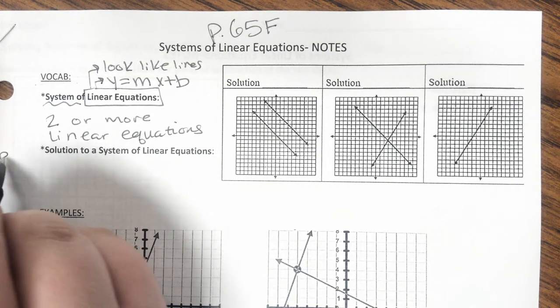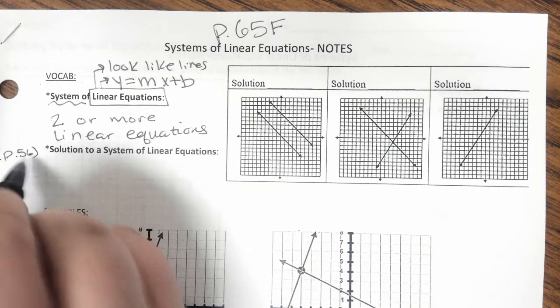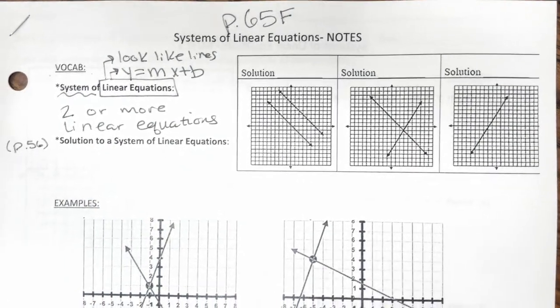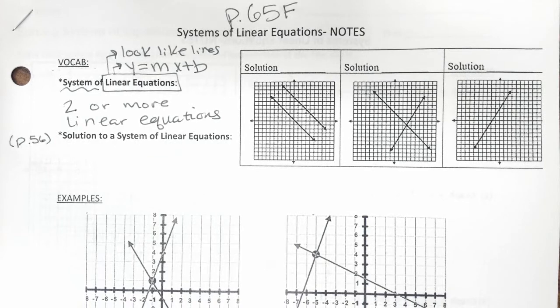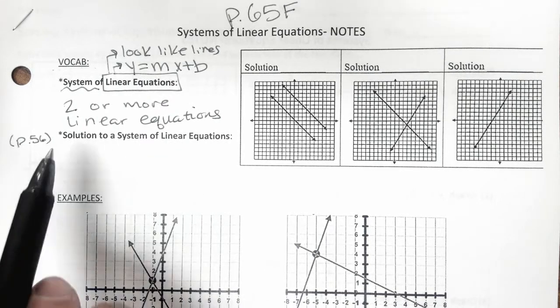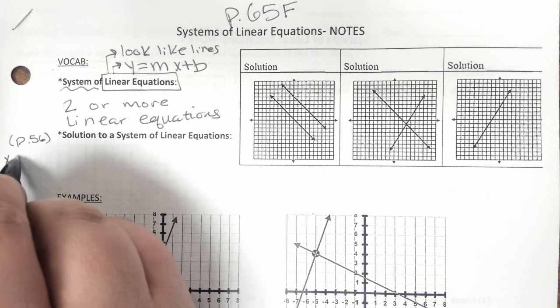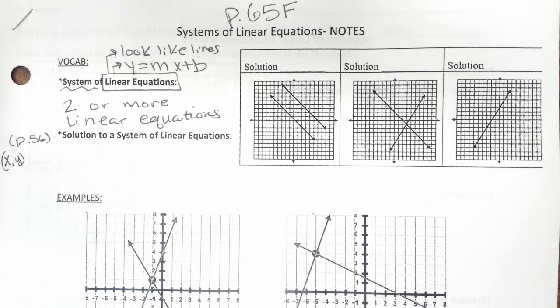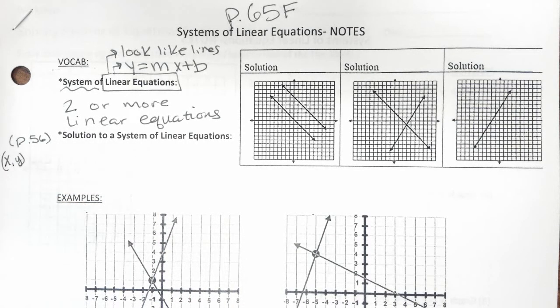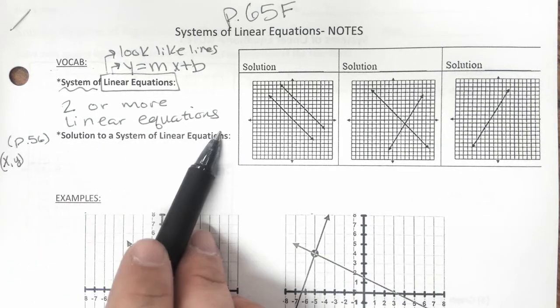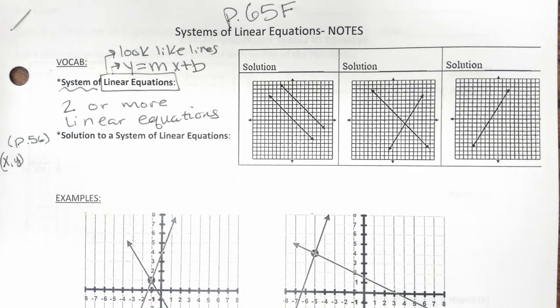If you look on page 56 of your binders, you'll see the notes we took for solutions to linear equations. And that was any ordered pair, so (x, y), that was on the line. When you have a system of linear equations, though, you have more than one line.